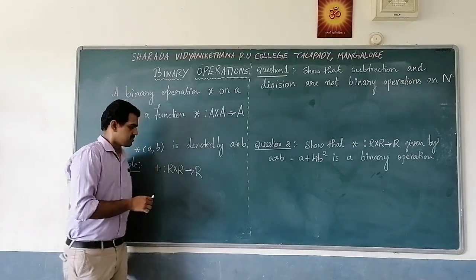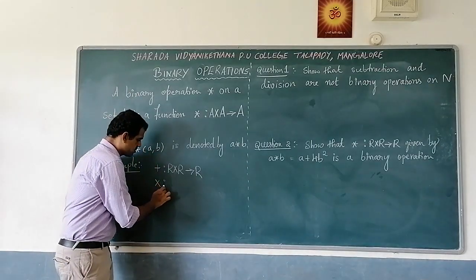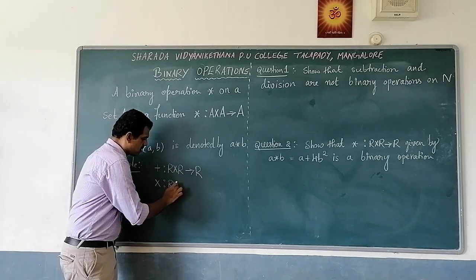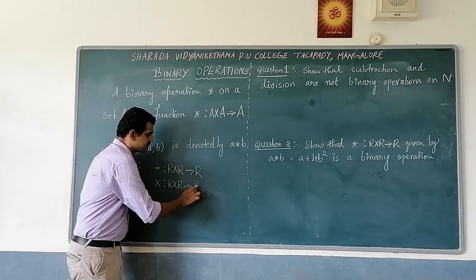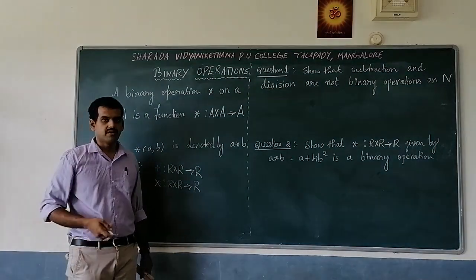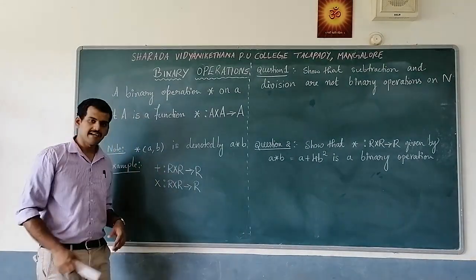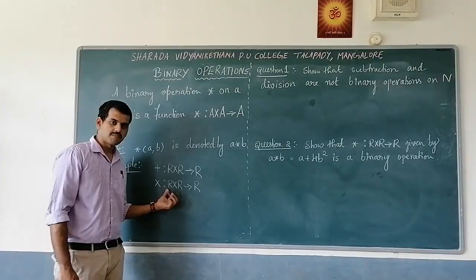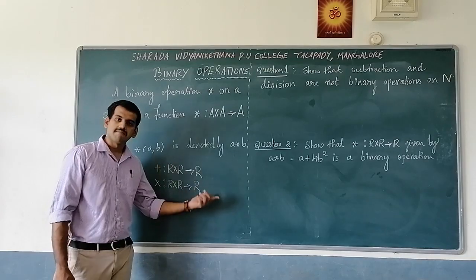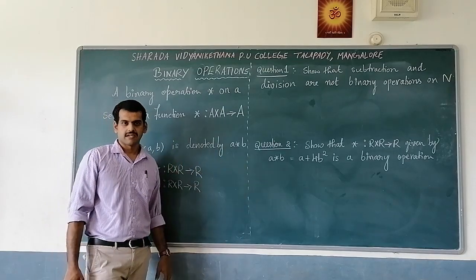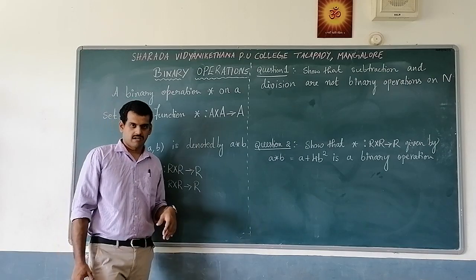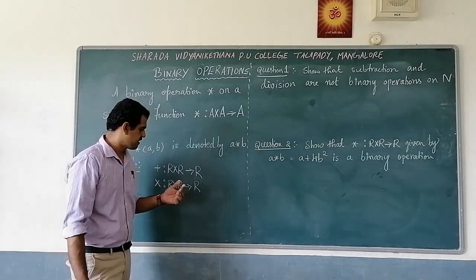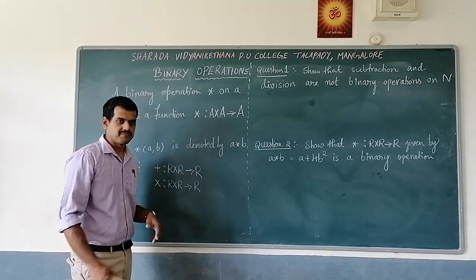Therefore, it is binary. Similarly, multiplication from R cross R to R is again a binary operation. As in the previous case, here also the product of two real numbers is definitely a real number. You are not going to get a number which is not real. Therefore, definitely it is a binary operation.